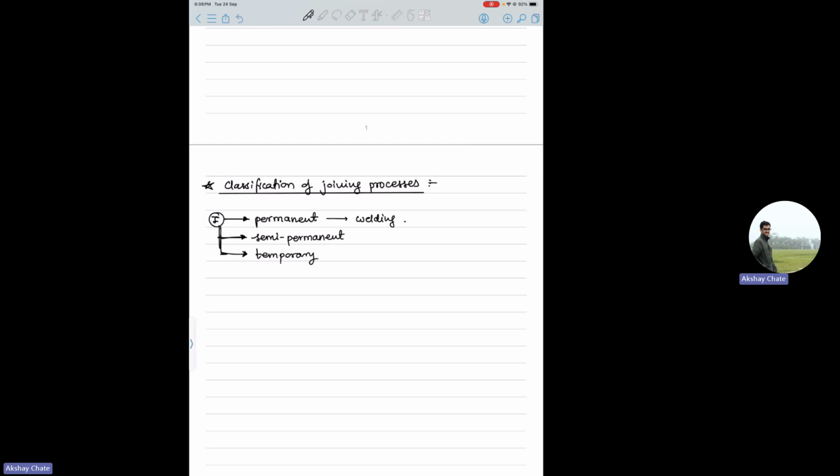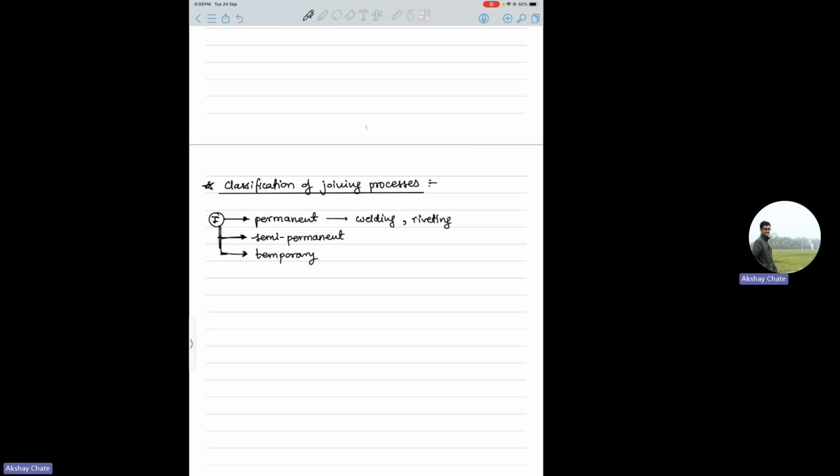You can say riveting is also a permanent one because once you rivet, you cannot easily remove those rivets, and if you do, reusing those parts in that exact same condition is not that possible.